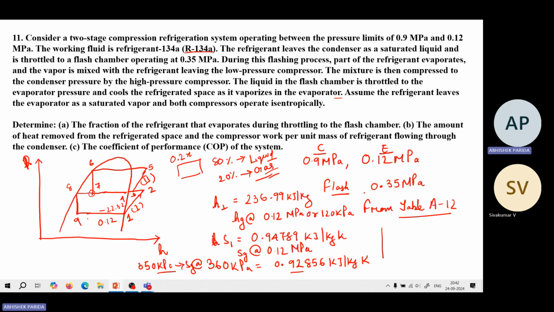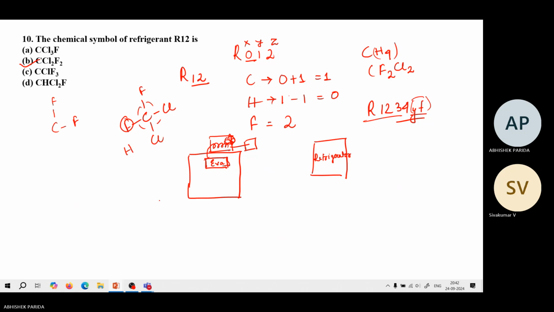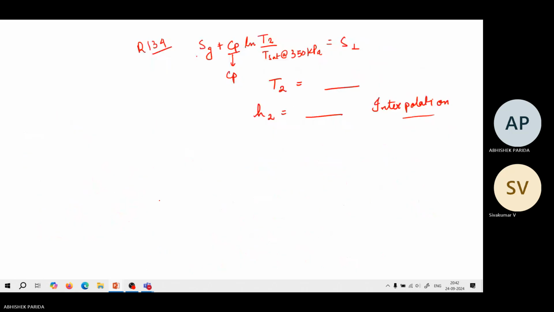So we need to find the quality here. How to find the quality? We need to do the energy balance here. That means whatever gases are coming in, if I do the energy balance at 3, you do the energy balance at 3.